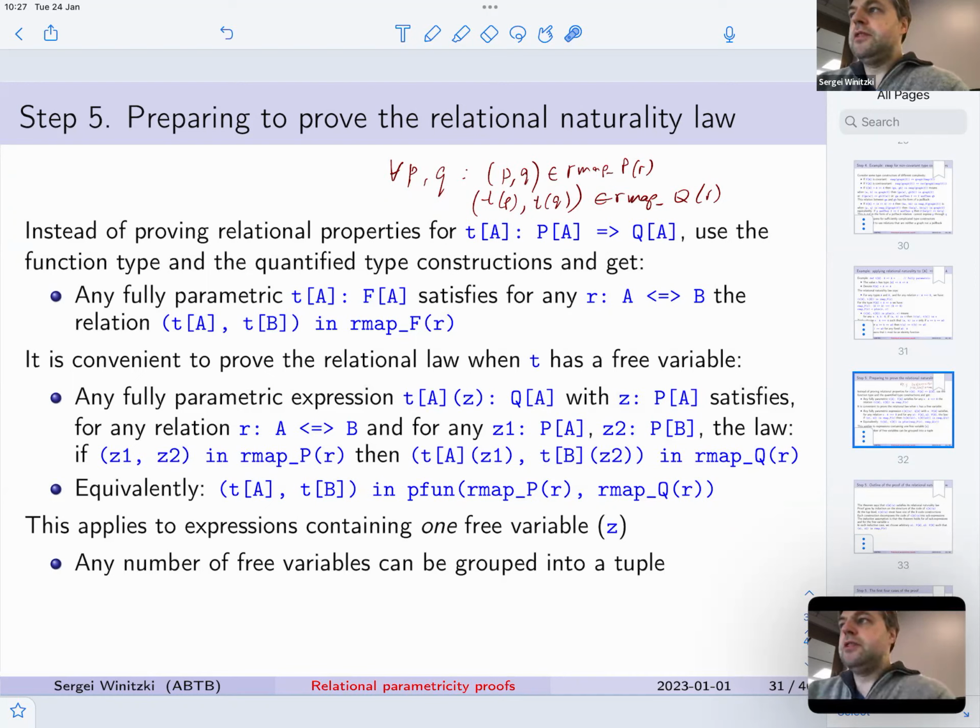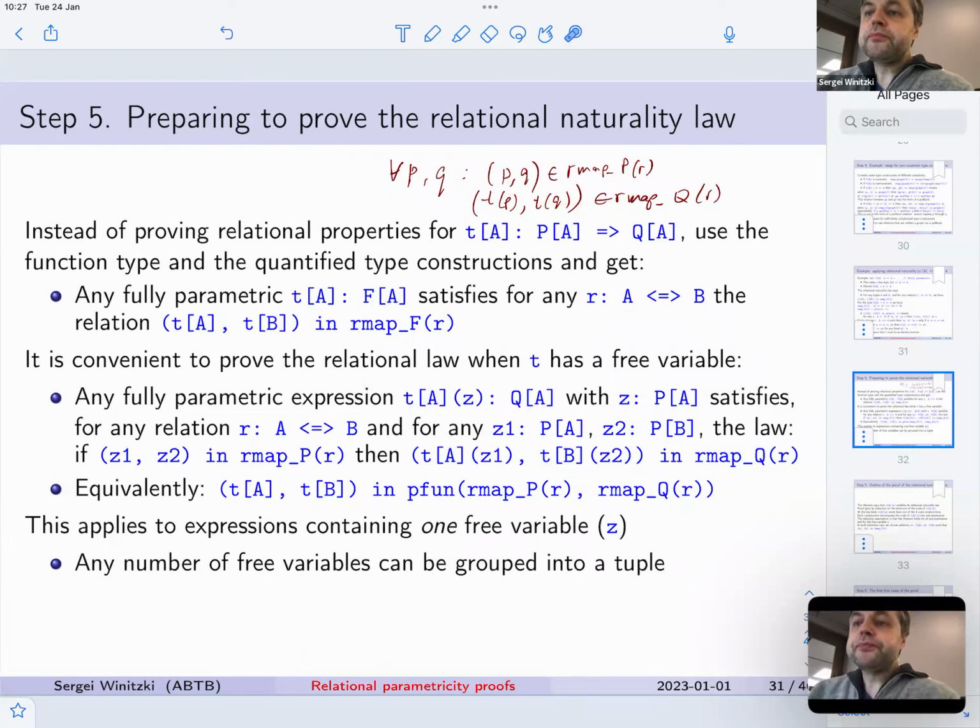Instead, it is more convenient to consider an expression of some type F of A. It's the same to say that this expression T of A satisfies the relation: T of A, T of B is in the relation R lifted to F. And this is equivalent to this, because if F equals P to Q, then this is going to be the pair function mapper to lift, and that's exactly the same condition as this.